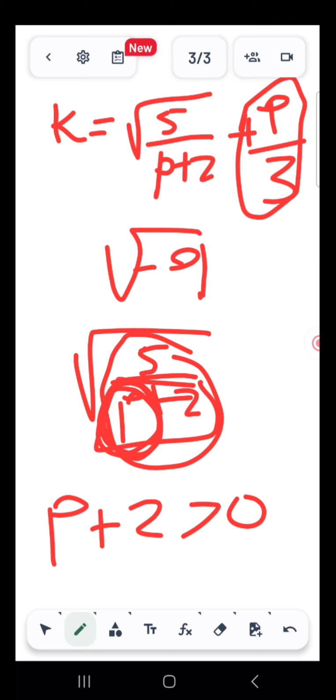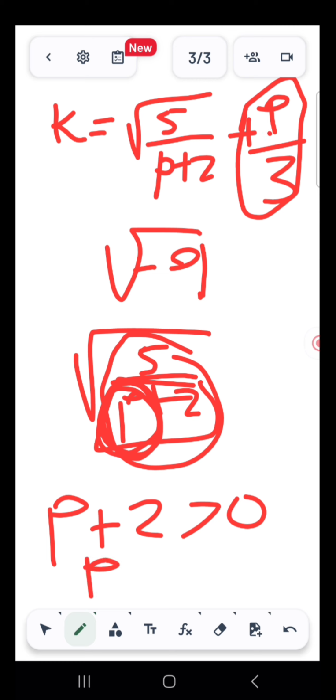We look under the square root because we know that under the square root positive numbers are real, negative numbers are non-real. We want a positive number. A positive number in mathematical language is greater than 0. So we take the expression p plus 2 and say it is greater than 0. We want to know where it will be above 0, where we cannot get a negative number.